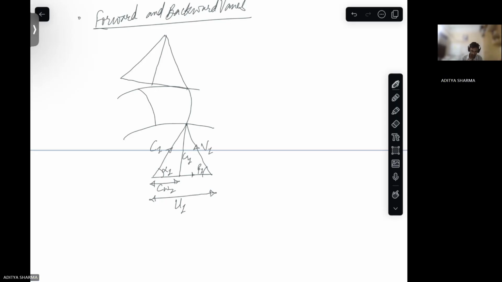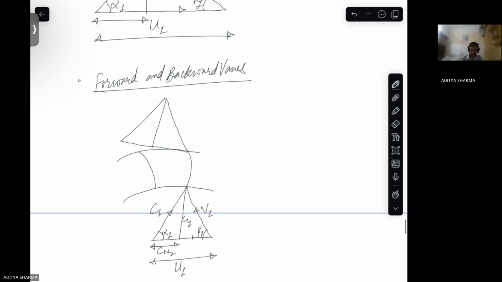This is V1, this is C1. And this is C2, this is Cr2, this one is U2, this is the whirl velocity Cw2.